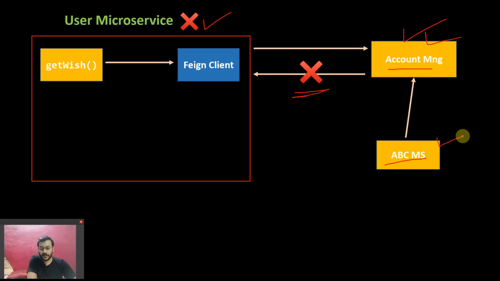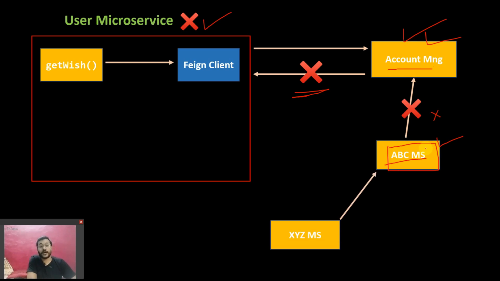And in this connection also something happened in ABC, so this has also failed. Got it? Now this ABC is also waiting for the XYZ microservice, and in that XYZ connection also something happened and it also failed.